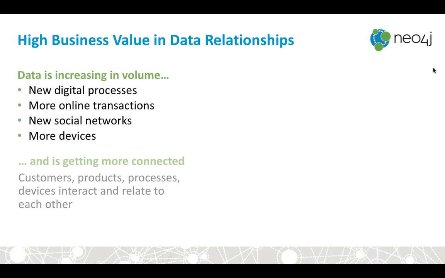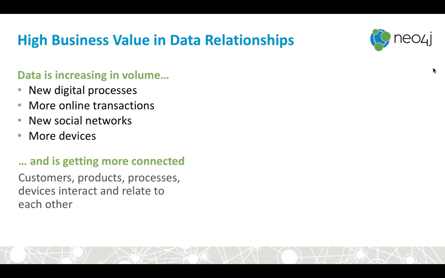So nowadays, data is changing. Databases have been around for a long time, but data is increasing in its size and is getting a lot more connected. We call graph databases the way to perform amazingly fast queries on connected data. In fact, nowadays, most data is connected.